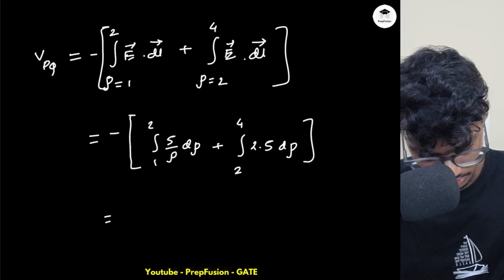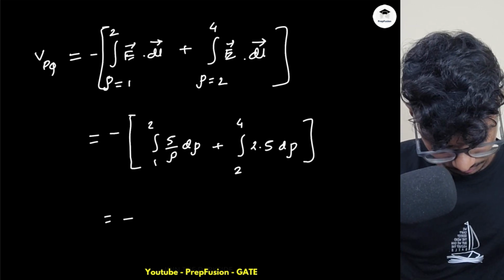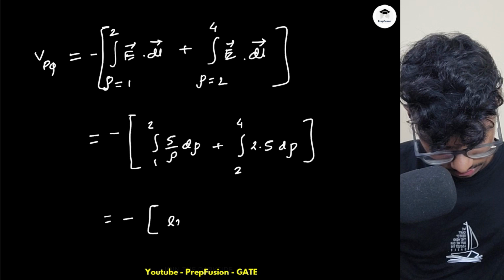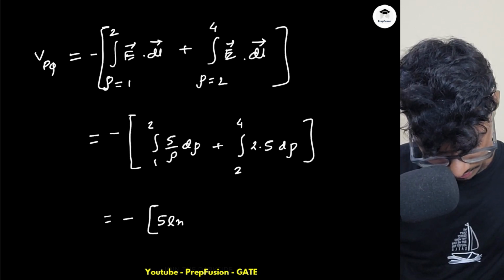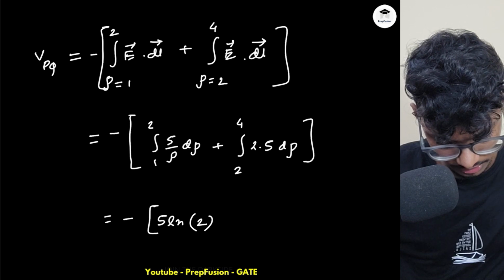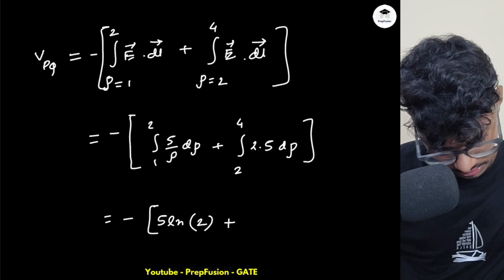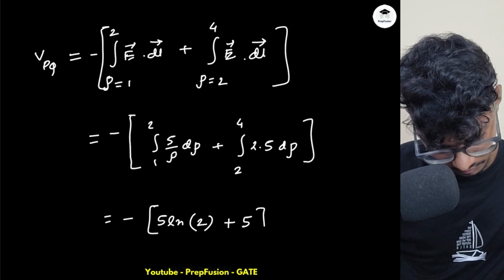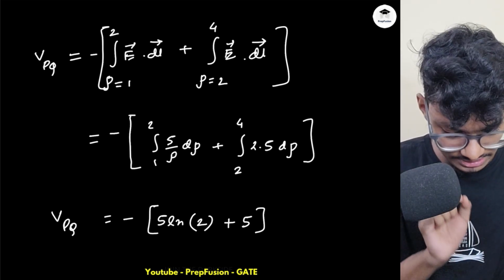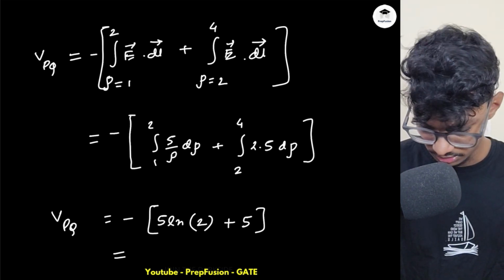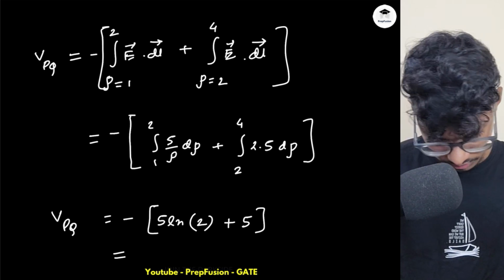So this will be equals to minus 5 ln 2 by 1, with the 5 outside, plus 2 into 2.5, so 5. This is my V_PQ. Let me quickly compute what ln 2 is.